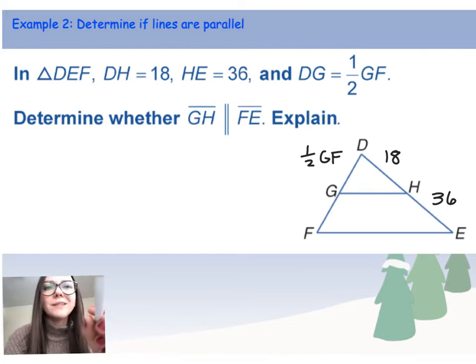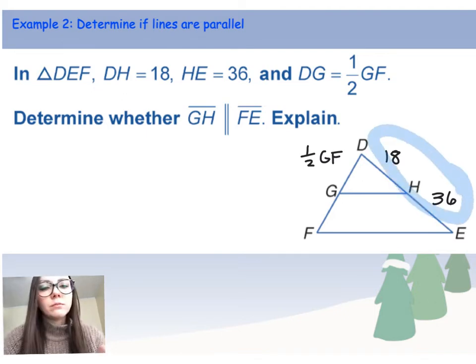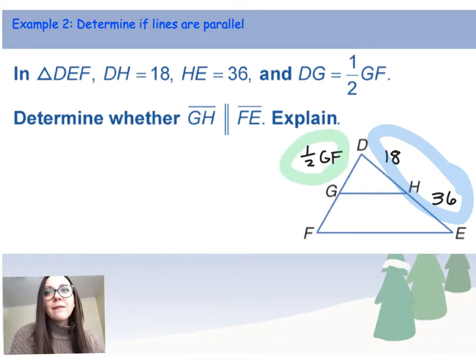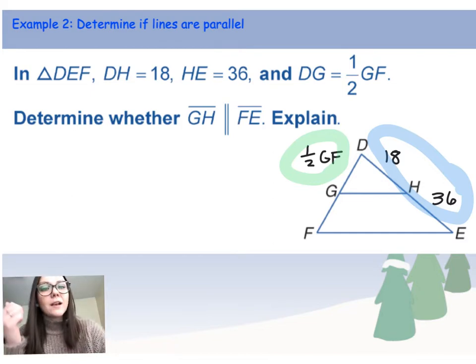So what we need to determine is, is the relationship in this ratio the same as the relationship in this ratio? If it is, then those are proportional, which would imply that the two segments are parallel. So let's go ahead and compare the ratio 18 over 36.